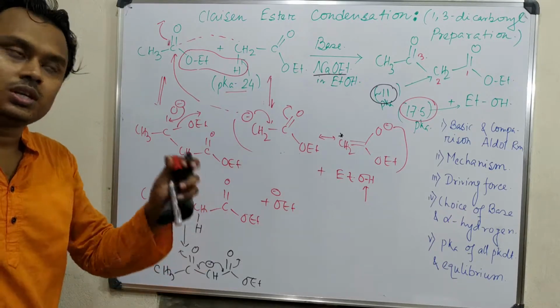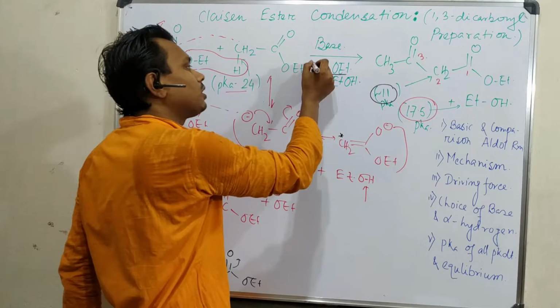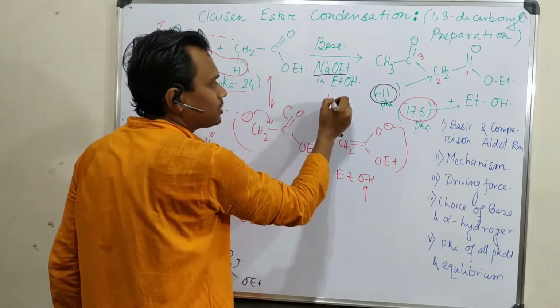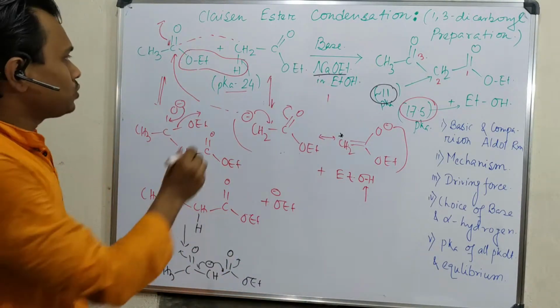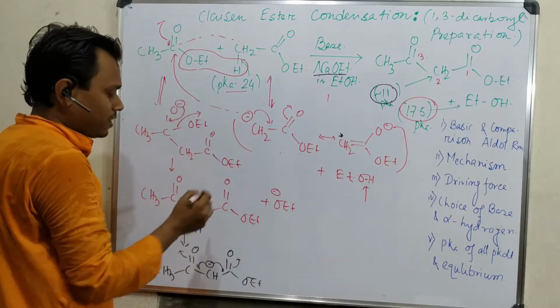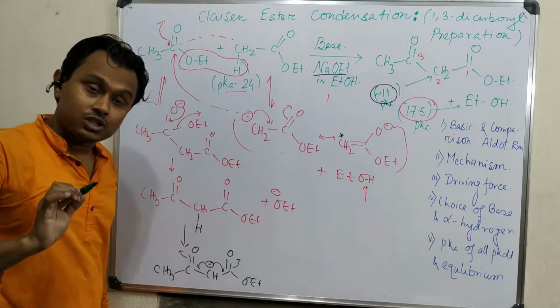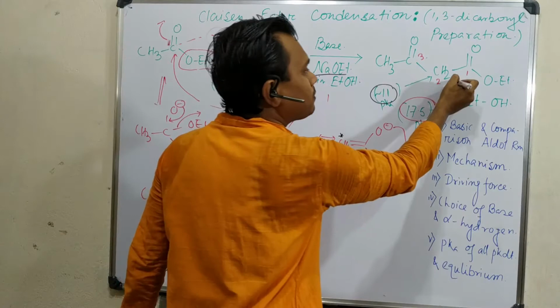Now, one trick could be asked. For example, if one equivalent of ethoxide is used, what will be the consequence? If for this reaction one equivalent of base is used, then half of this will be produced. It does, but it is not true that this will produce one equivalent.